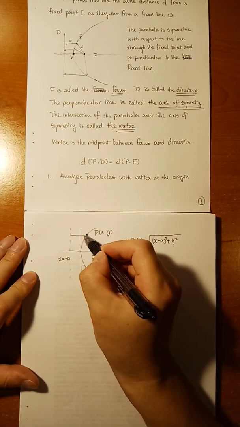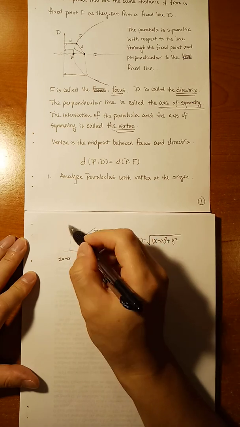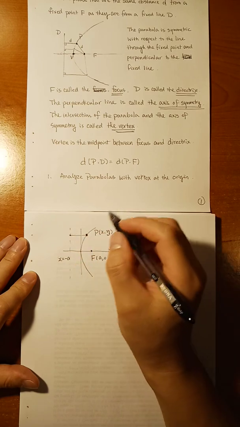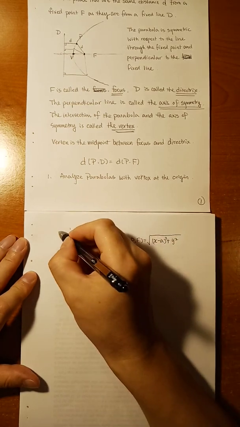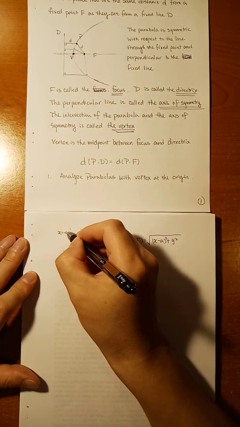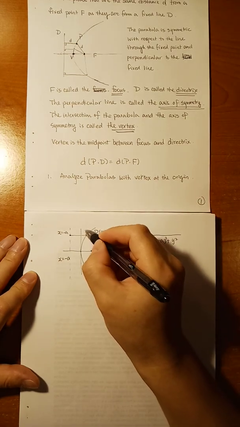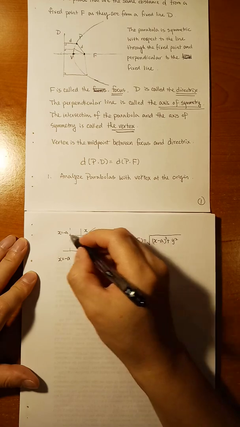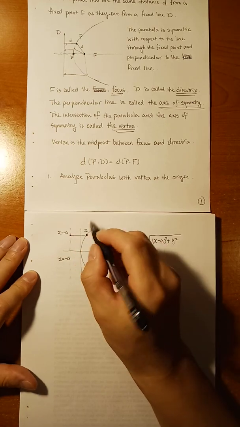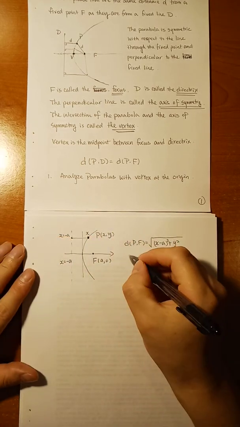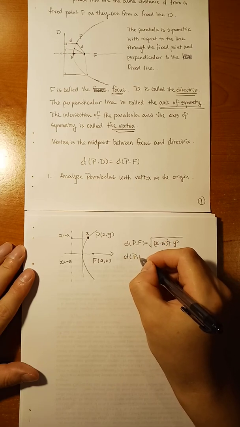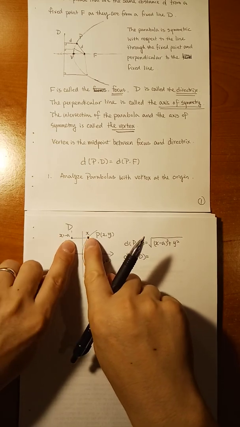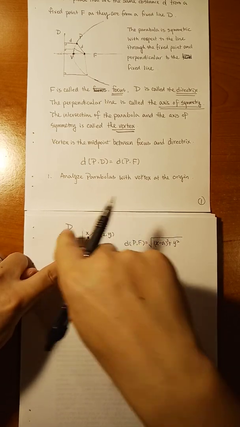And the distance between P and this vertical line is a horizontal one. This point has x coordinate negative a. This point has x coordinate x. So for the horizontal line segment, the distance d is right minus left.